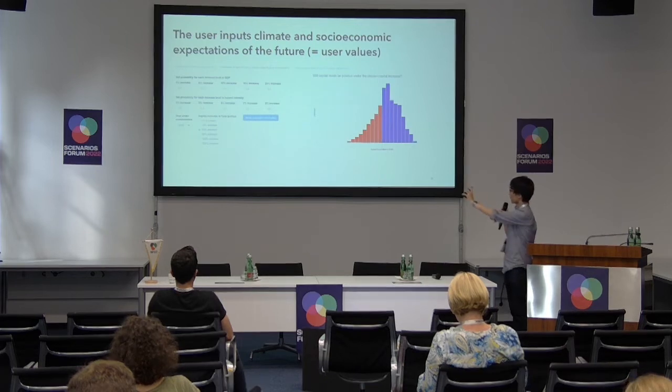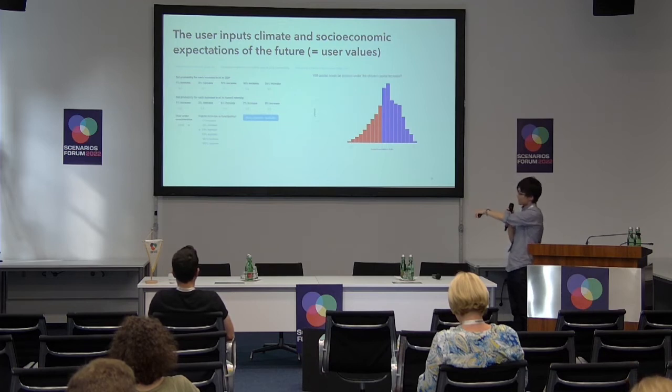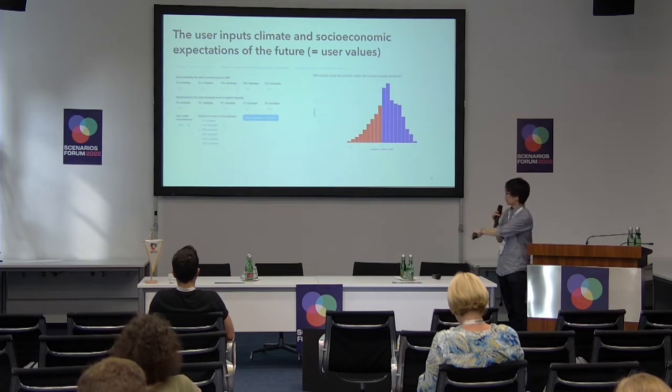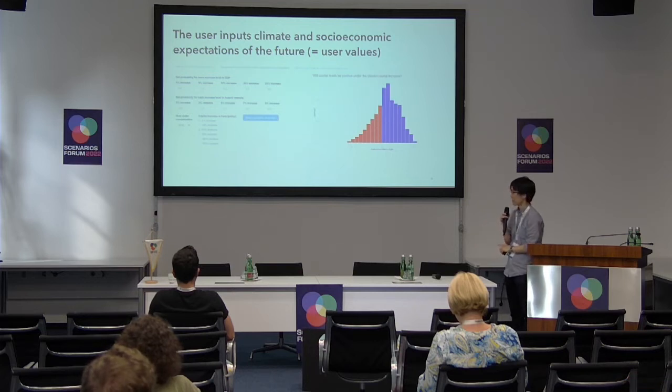The user can also assign a probability distribution over the GDP increase and the hazard intensity increase. These correspond to the socioeconomic future and the climate change future, and the user inputs these based on what the user expects about the future.